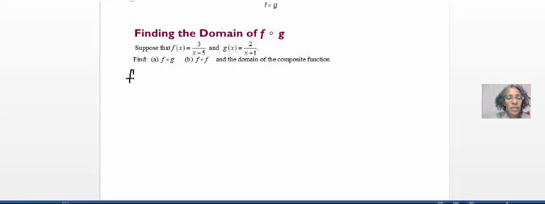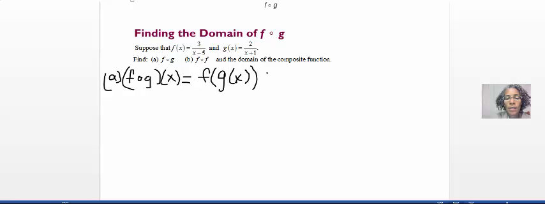So f of g of x, so this is part A, is f of g of x, which is f of 2 over x plus 1.